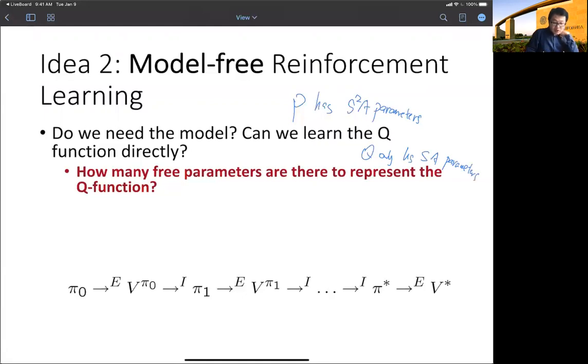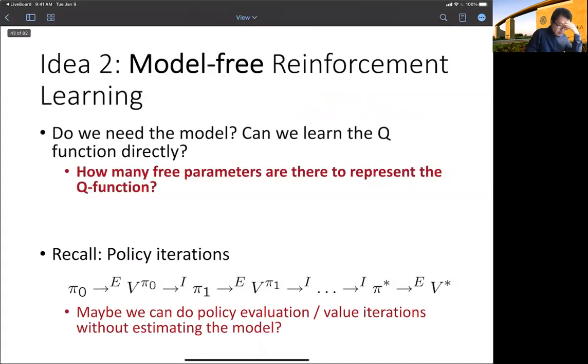So there may be something that we can gain from here, even though from the previous analysis with the generative model setting, even with the model-based approach, we don't necessarily need to approximate this transition kernel that well. We can still get away with a number of samples proportional to SA. So this saving is only motivational for this algorithm design. One idea that we could do is to directly work with the policy iterations and generalize it a little bit.